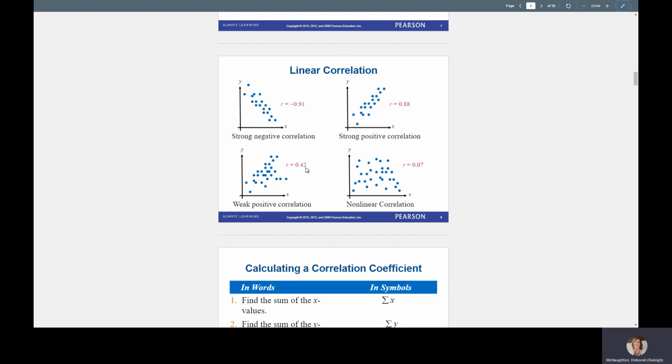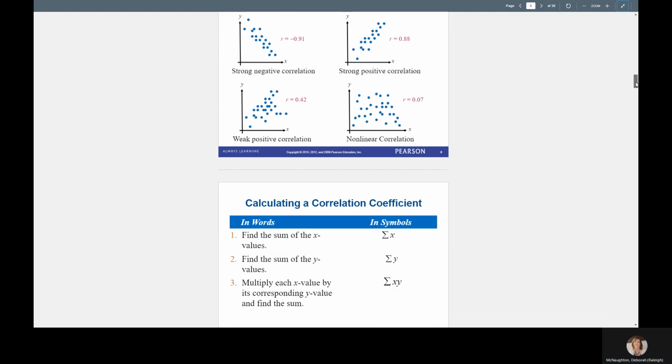It doesn't have to be close to 0 for us to start to see that it's hard to see a line. You can tell that there is a positive correlation, that Y tends to increase as X increases, but it's not very linear. So this is weak positive correlation. And then here, R is almost 0, and this is nonlinear correlation.